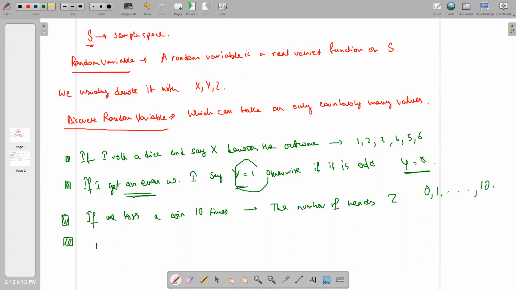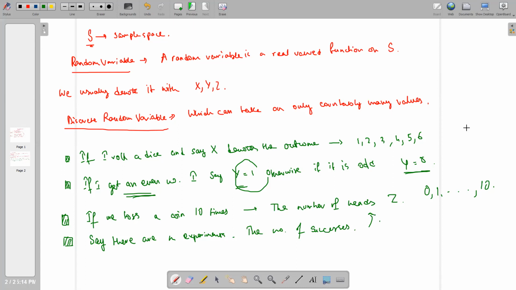Now say there are n experiments, then the number of successes, similar to the previous one, right?